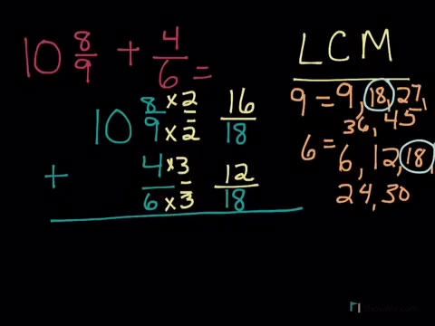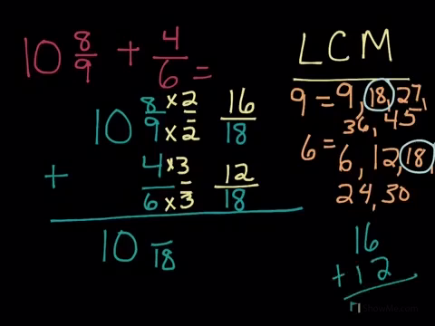Well, 10 plus nothing, of course, is 10. Over here, I have 16 plus 12. I'm going to keep my denominator of 18. So off to the side, I'll add 16 and 12, and I get 28. Well, 28/18 is an improper fraction.